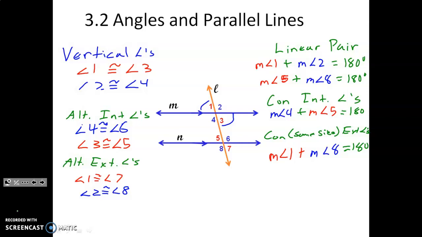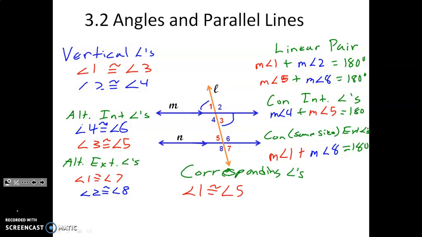So we also talk about, angle 1 is congruent to angle 5, and those angles are corresponding angles. All right. So those are the 7 types of angles you need to know. So we'll see what that does here for us in these next little slides.